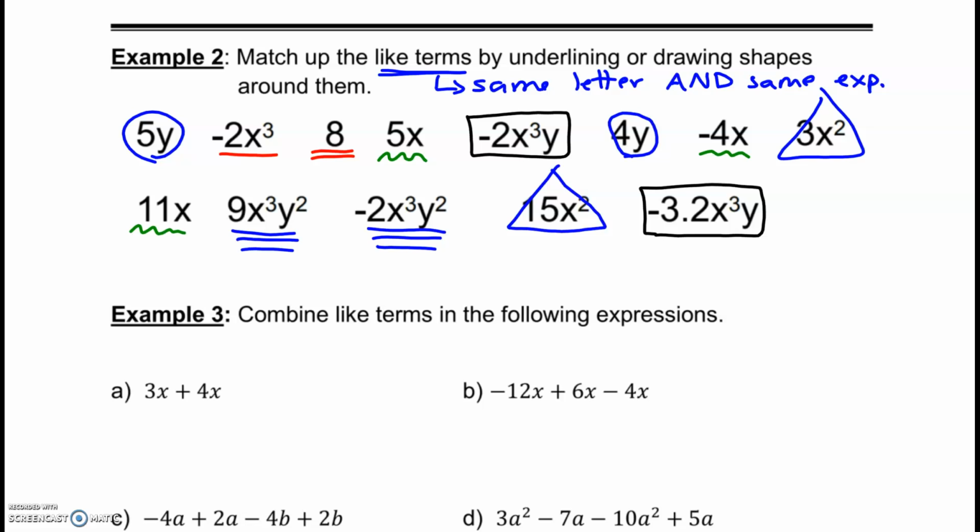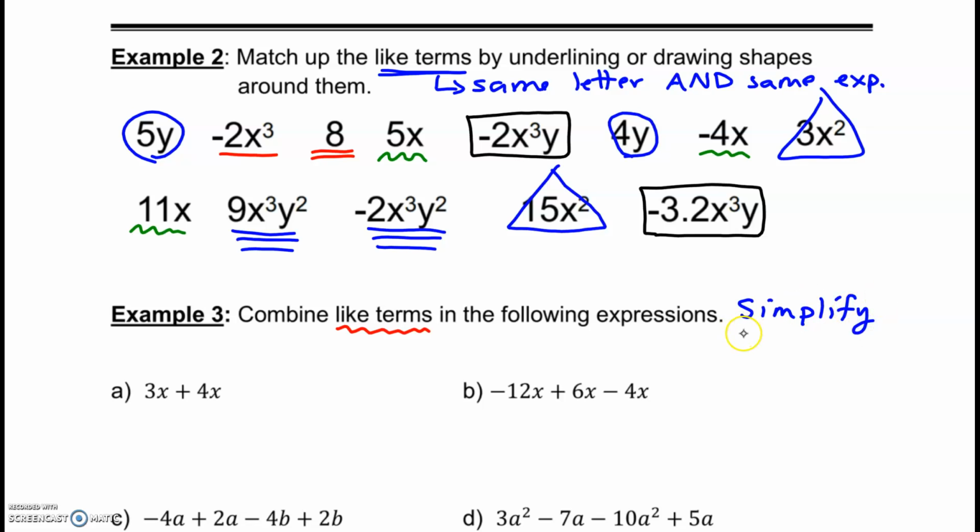Now that we practiced how to identify like terms, we're going to use them to add or subtract terms together. And you can only add or subtract terms if you have like terms. So the instructions in example 3 say combine like terms in the following expressions. And sometimes you might see instructions that say simplify, and that means the same thing.